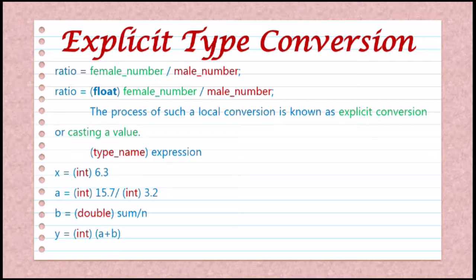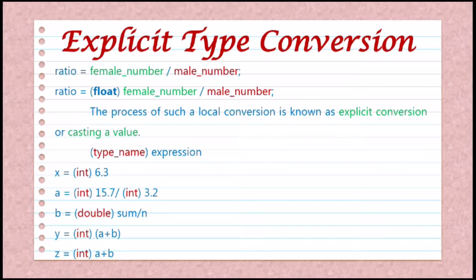Next, y equal to, in brackets, int, and then in brackets a plus b. So in this example, first a plus b is added, and then that answer will be converted into the integer type.